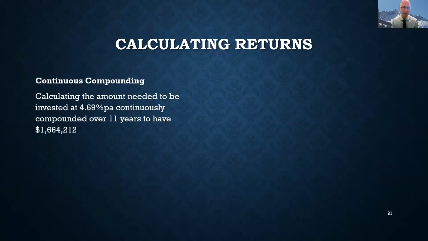So let's do an example. Calculate the amount needed to be invested at 4.69% per annum continuously compounded over 11 years to end up with $1,664,212. So we know what the future value is, 1,664,212. N equals 11. R equals 0.0469. And all we have to find now is the present value.